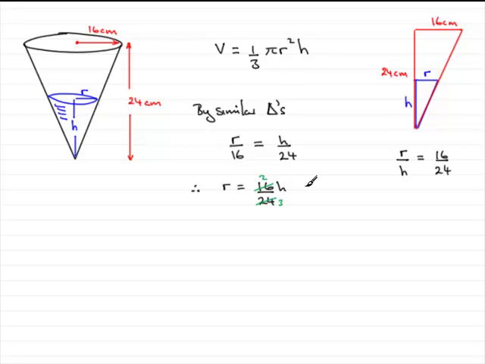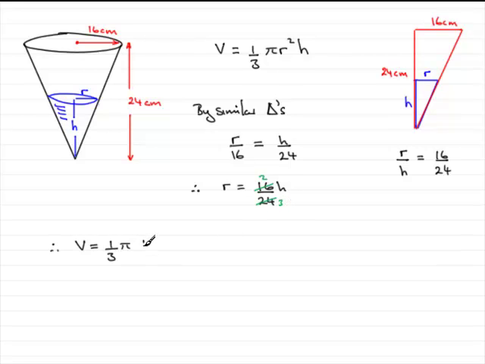So all we need to do is literally substitute 2/3 h for r into the top equation here. So therefore what we have is V equals 1/3 times pi times the radius squared. Now if we square this, it's going to be 2 squared, which is 4, h squared over 3 squared, which is 9, 4h squared over 9.